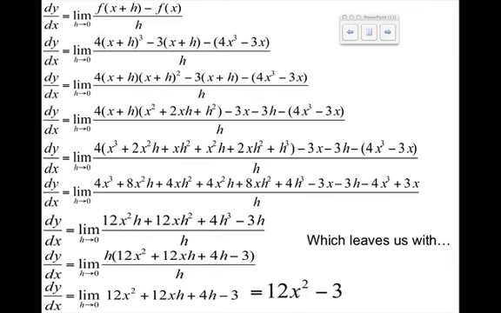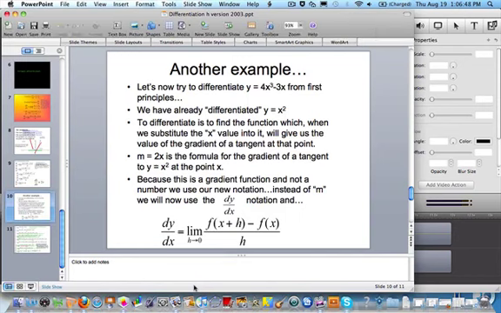I can remove the limit notation now. There's no reason for me to continue saying the limit as h approaches 0, there is no longer any h there, the h has dropped out. So my final answer is generally written as dy/dx equals 12x squared minus 3. And so we're done.